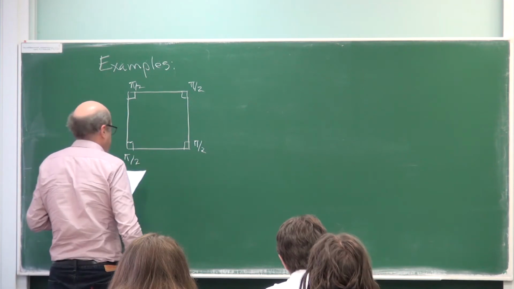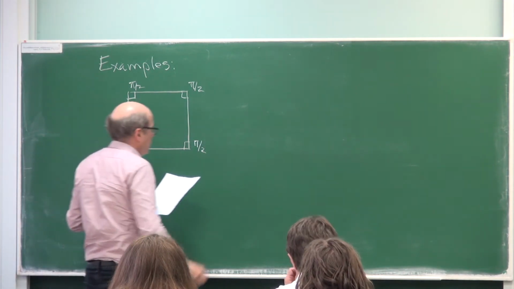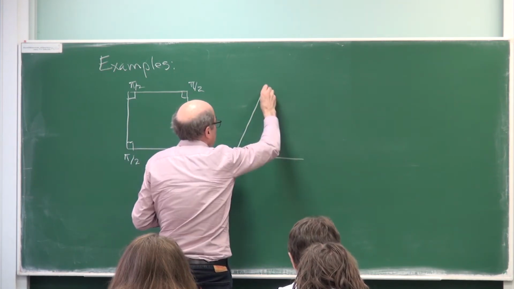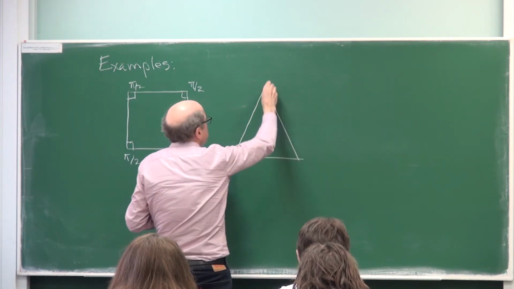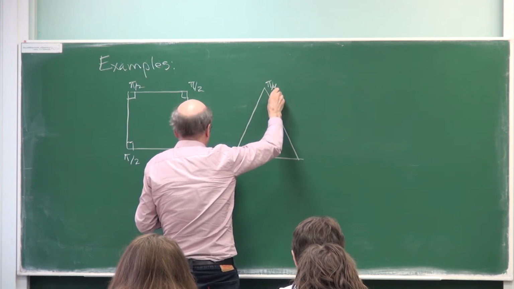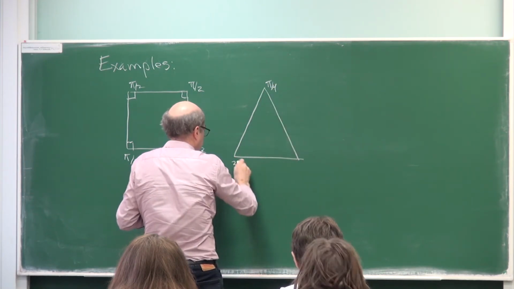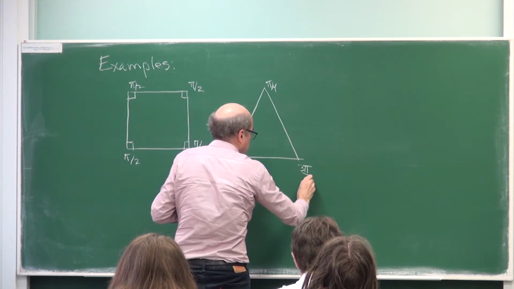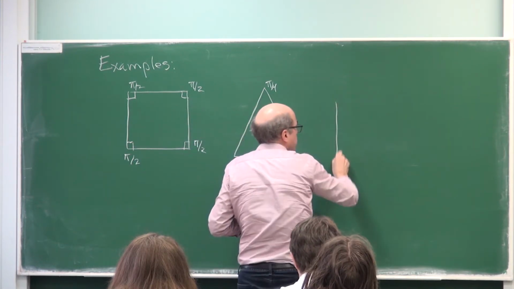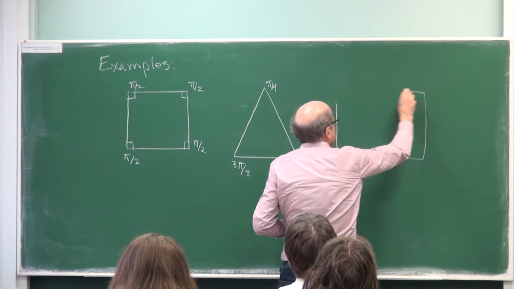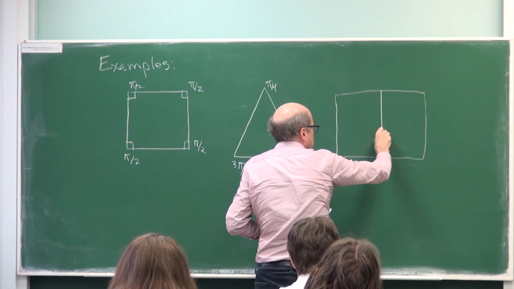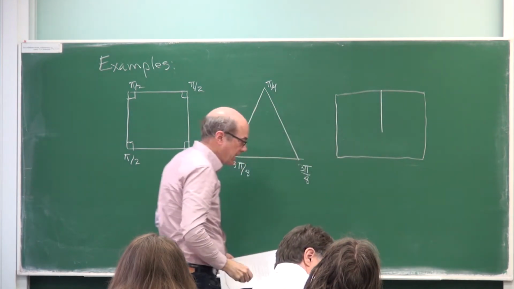Here's a fairly classical billiard table. Then a somewhat less classical billiard table would be this one. And maybe even more exotic would be something like this, with a barrier part way down the middle.